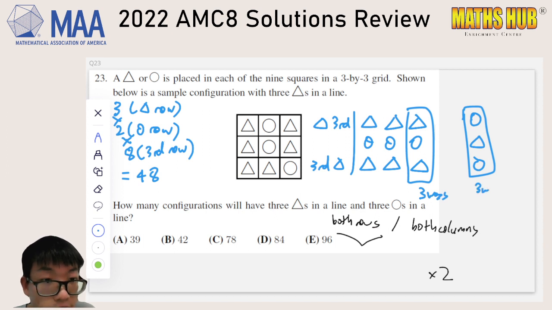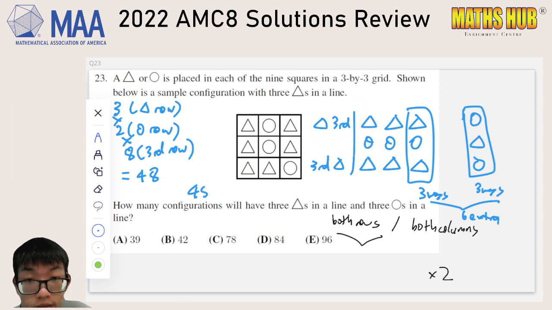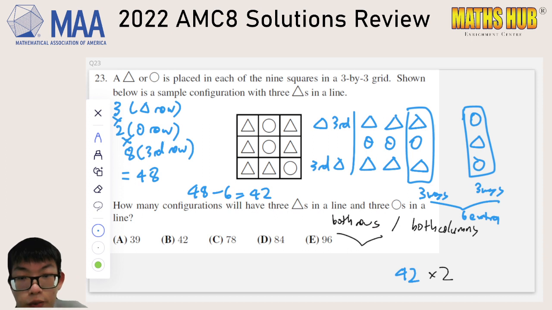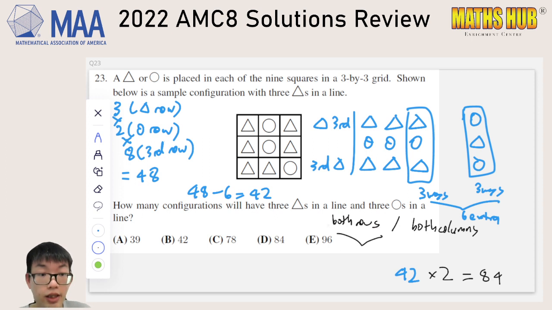There are also 3 ways in which this one could happen, which means that we have counted 6 extra ways twice. So 48 minus 6 is 42. Now finally, don't forget to multiply by 2 at the end, which is why I put the times 2 there in preparation, because the same argument applies for 3 columns. Therefore, our answer is none other than 84.